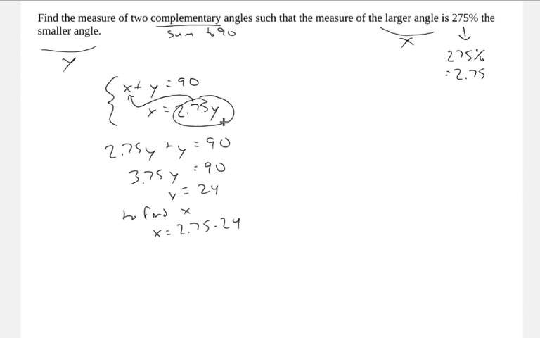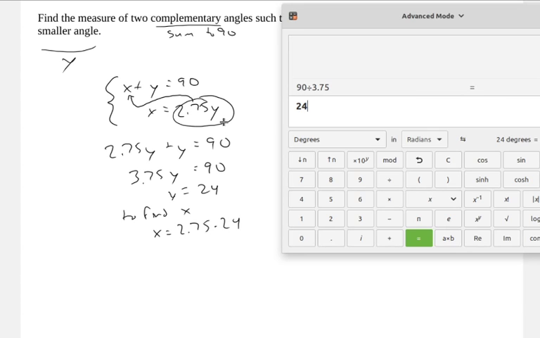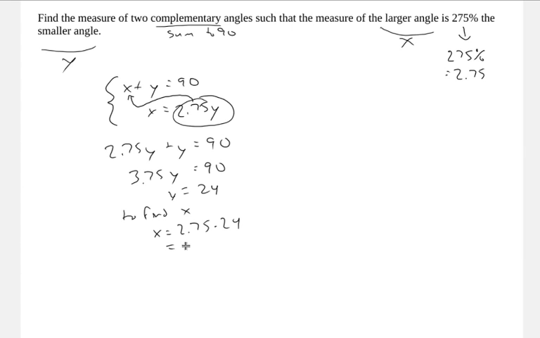That's what that equation is saying. 2.75 times 24 gives me 66. So we have 24 degrees and 66 degrees.